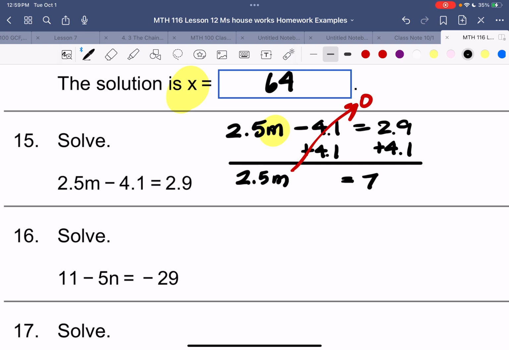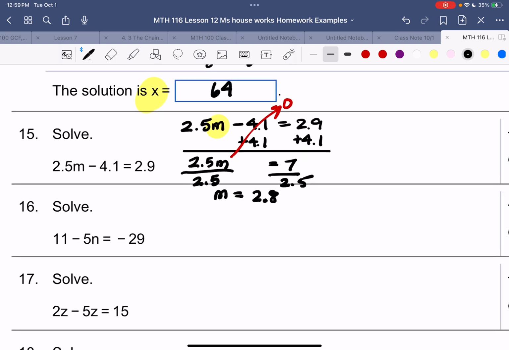And now I need to divide by 2.5. I've got to undo that multiplication. So m is 7 divided by 2.5, which is 2.8. So M is 2.8.